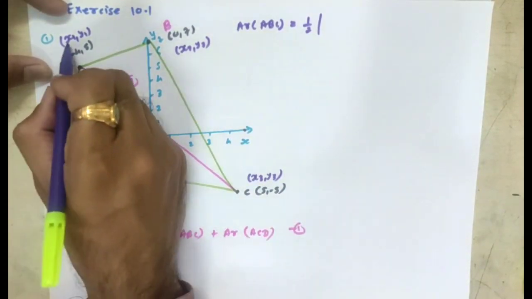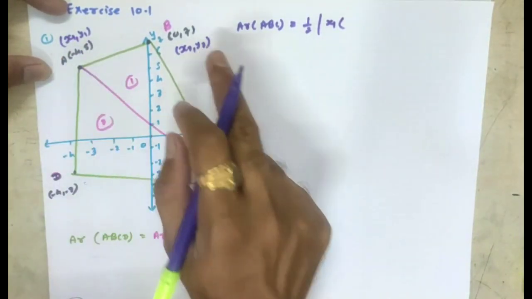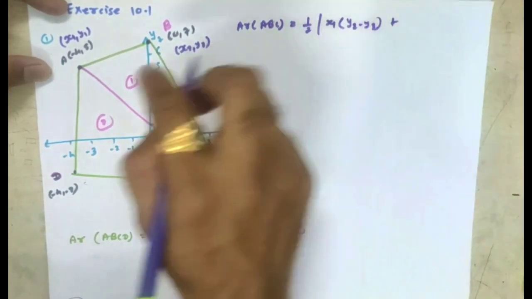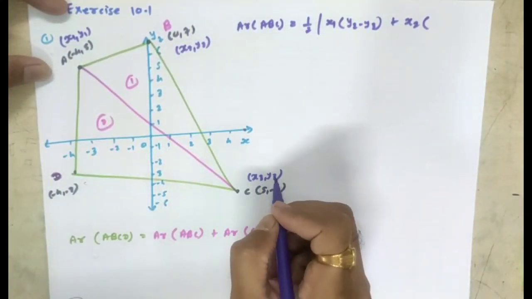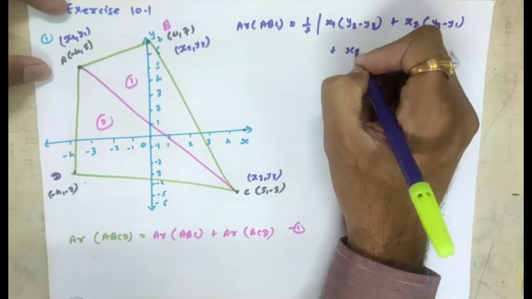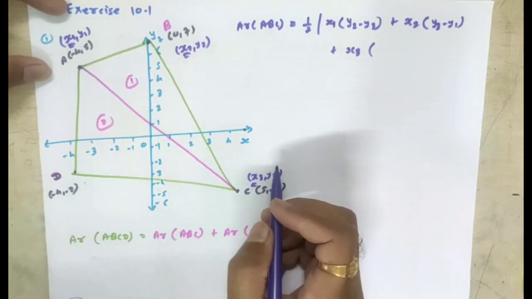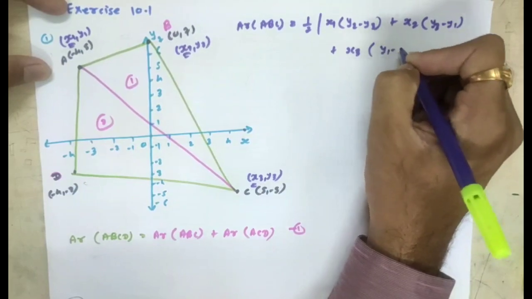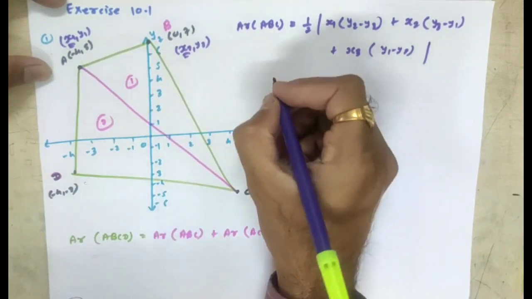So what is the formula? 1/2 mod of x1 times (y2 minus y3), plus x2 times the difference of y3 and y1, so (y3 minus y1), plus x3 times the difference of y1 and y2, (y1 minus y2). By using this formula we can find the area of triangle ABC. So put the values.